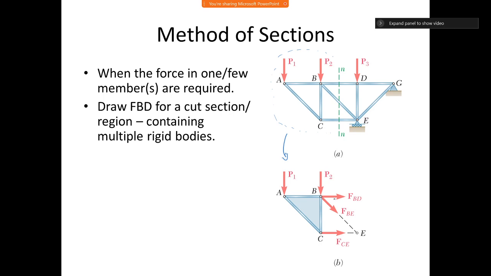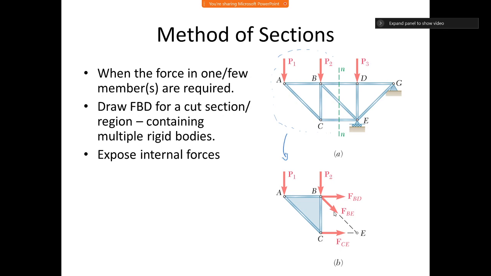P1, P2 are external loads, and now we have to show the exposed internal forces. There are internal forces in members BD, BE and CE along which our cut section passes. So we draw these exposed internal forces, which so far we have not drawn so explicitly.